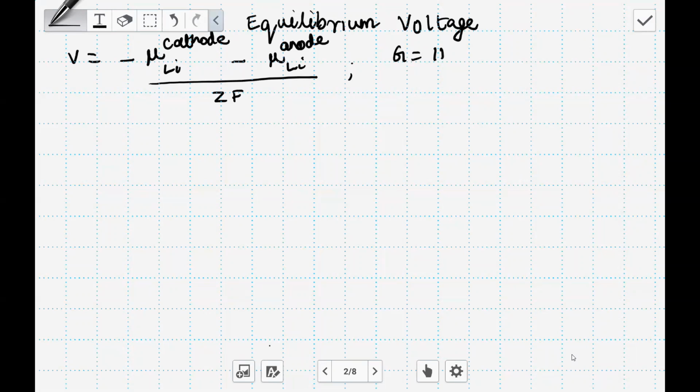Free energy is equal to enthalpy H minus TS. H is equal to U plus PV. For the systems we are considering, both these terms are small, so you can approximate G by U, that is internal energy.